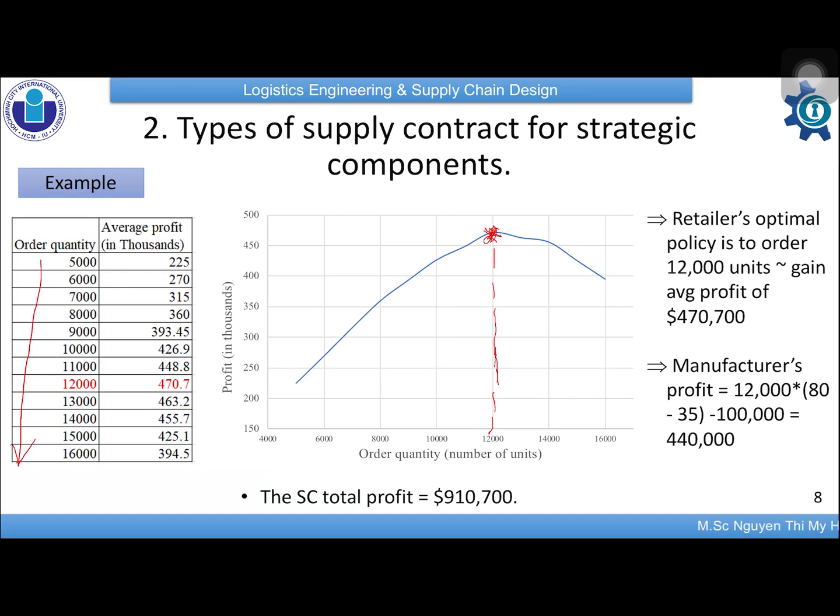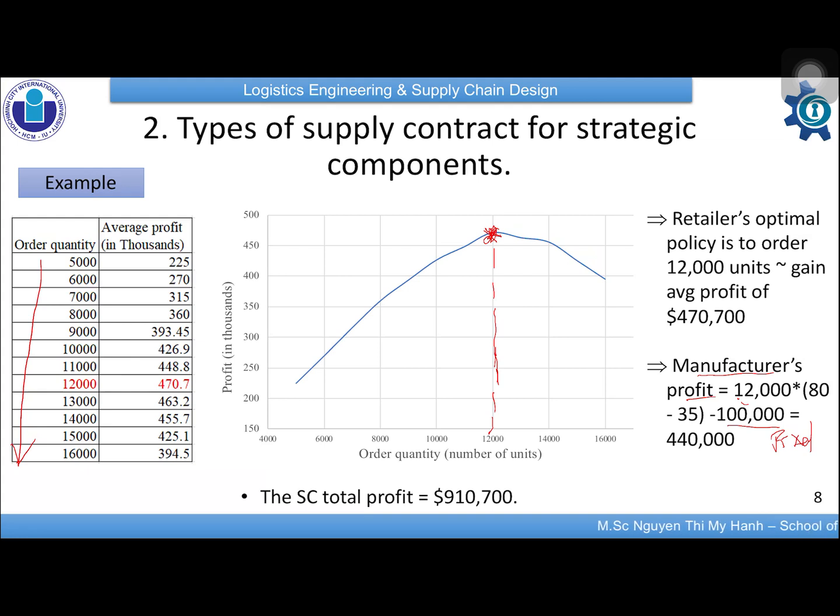And when the retailer orders 12,000, we can calculate the manufacturer profit, which is equal to 12,000 multiplied by the marginal profit of the manufacturer minus the fixed cost.